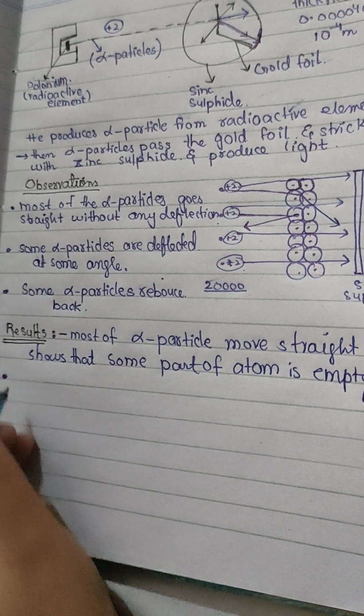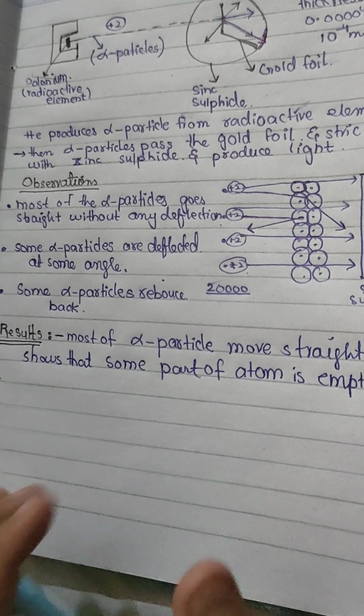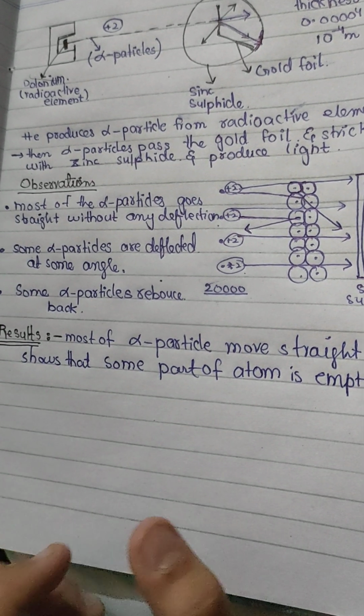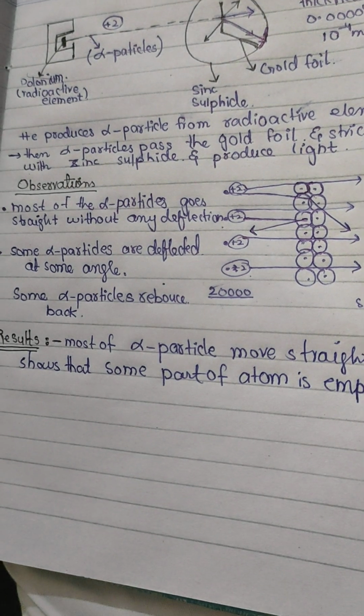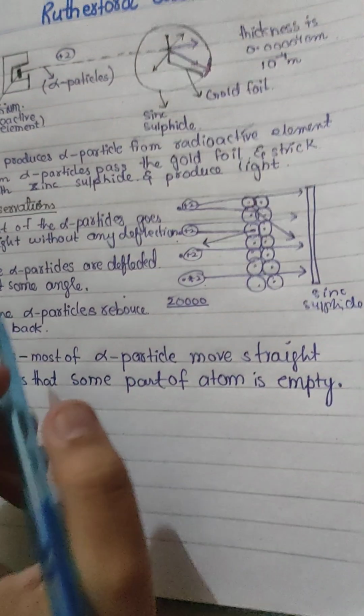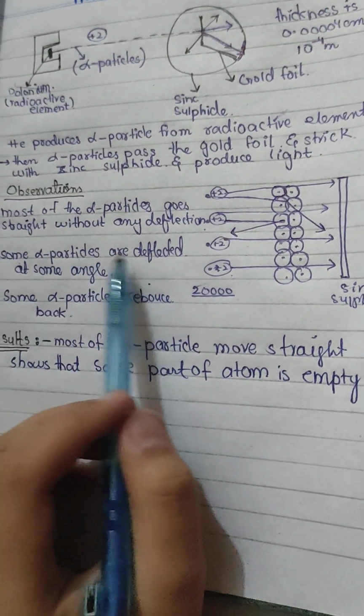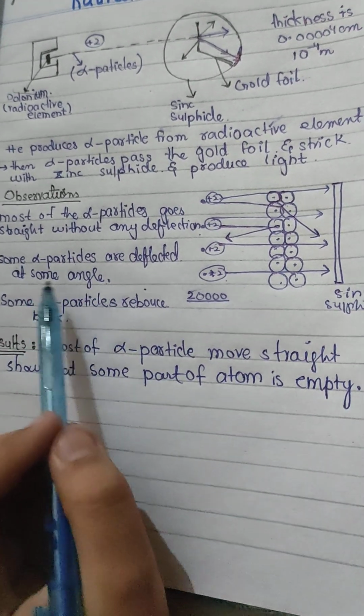Then another, he said that deflection of some alpha particles represents something. After the second observation, he said some alpha particles are deflected at some angle, right?